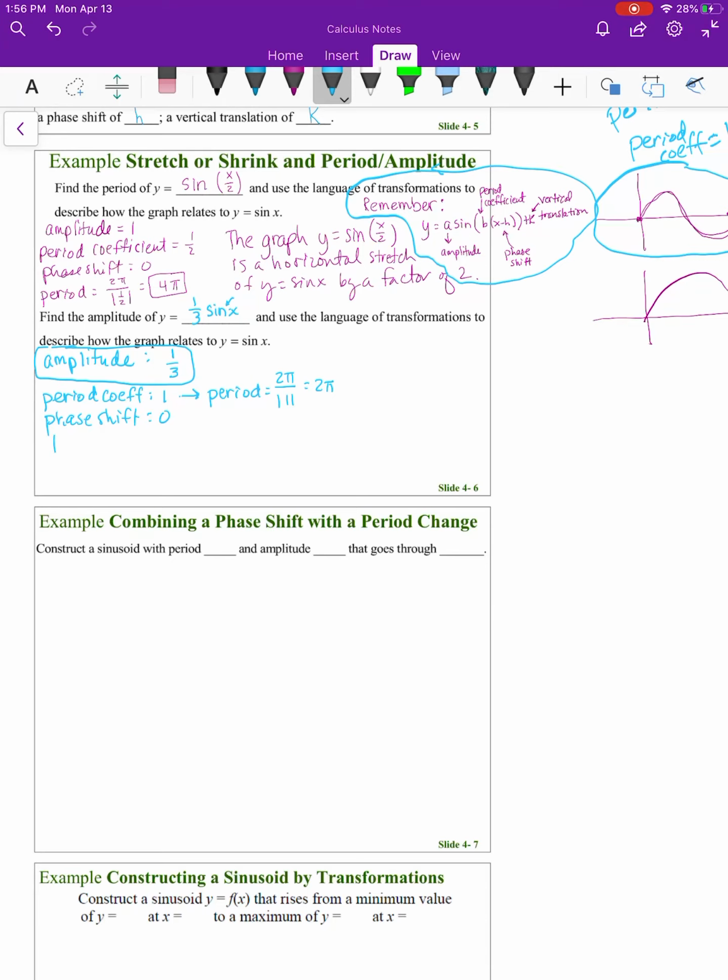Okay? So now, using the language of transformations, we're going to describe how the graph relates to y equals the sine of x.